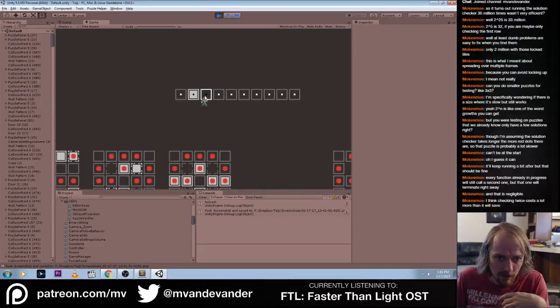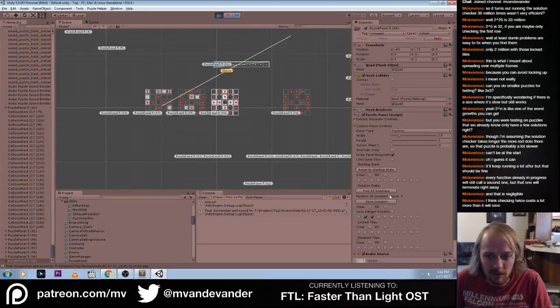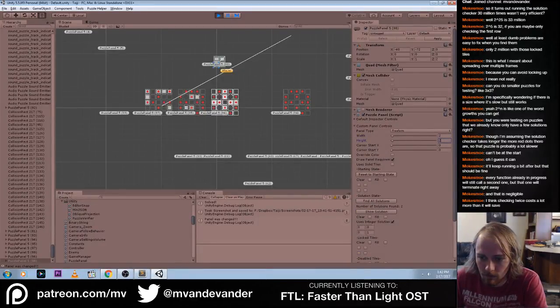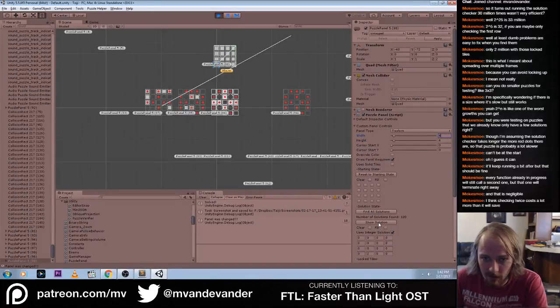Okay, the solution checker seems to work, so that's good, at least. It's always good if it still works. In this case, it seems very much so that that was the problem.